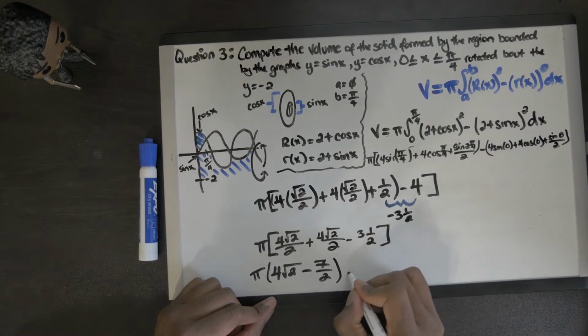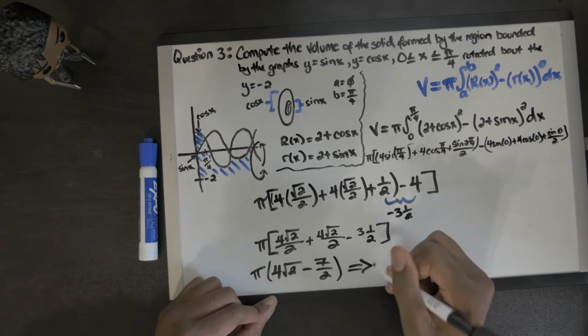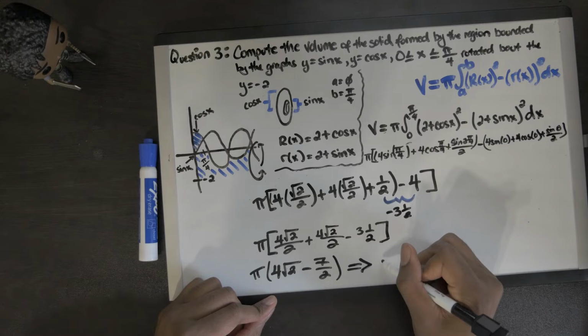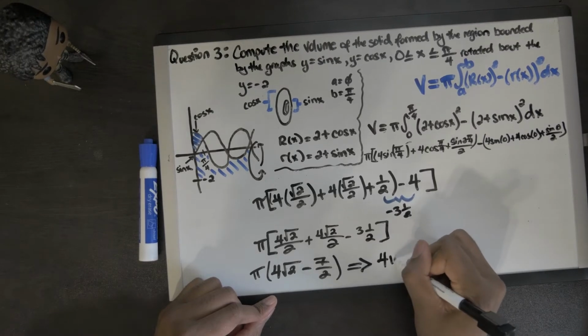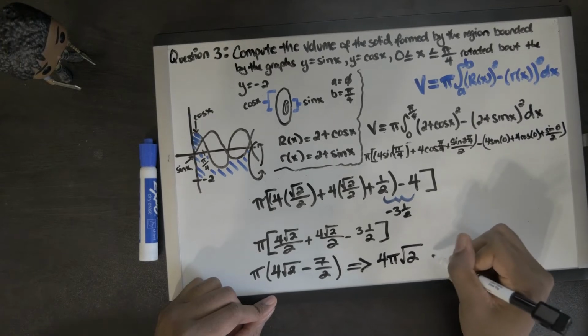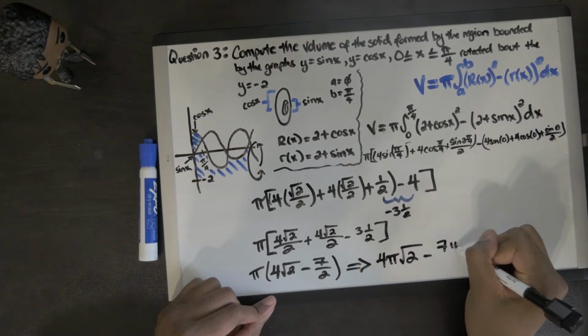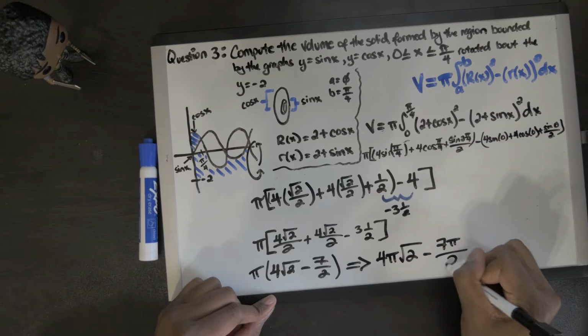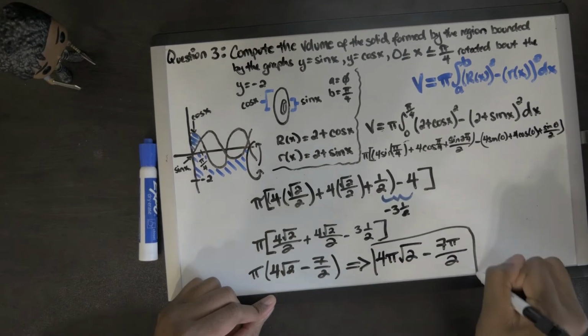And then of course as we go to times everything by pi, we're going to then get 4 pi root 2 minus 7 pi over 2 as our final answer.